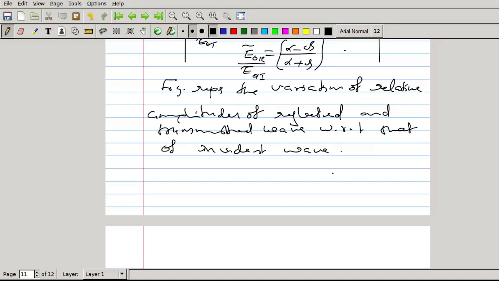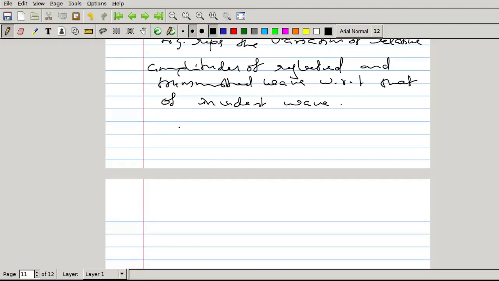Now we calculate the intensity of wave. Intensity is energy propagated per unit area per unit time in a direction normal to the interface. In this case, the wave is not propagating normal to the interface, it is making an angle theta. So the intensity of wave you can calculate by using the dot product of the Poynting vector with the normal direction.